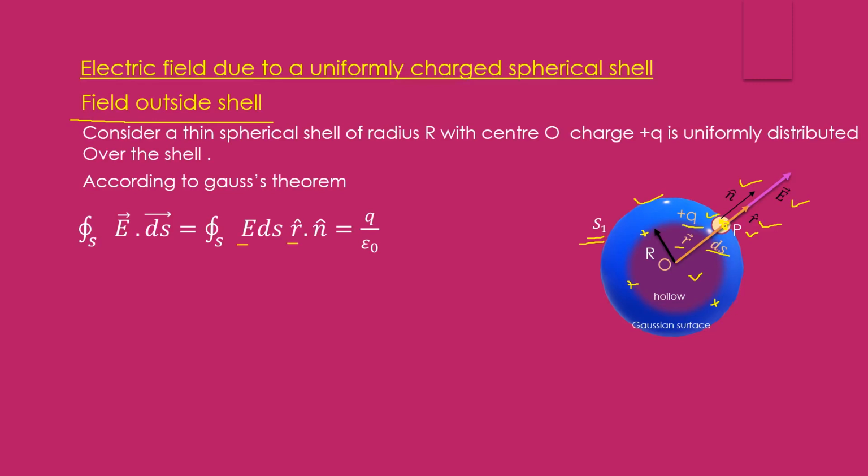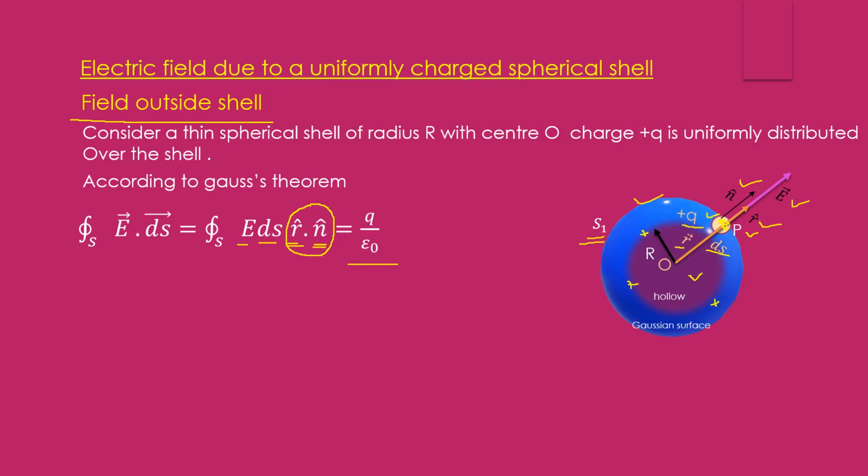N cap is the unit vector along area vector. So r cap dot n cap will be equal to 1. Dot product of two unit vectors, and both are along the same direction. So r cap dot n cap is equal to mod of r cap mod of n cap cos of 0. So it will be equal to 1. And this is equal to total charge enclosed by the Gaussian surface. So total charge inside the Gaussian surface S1 is equal to plus Q. So this is Q upon epsilon naught.